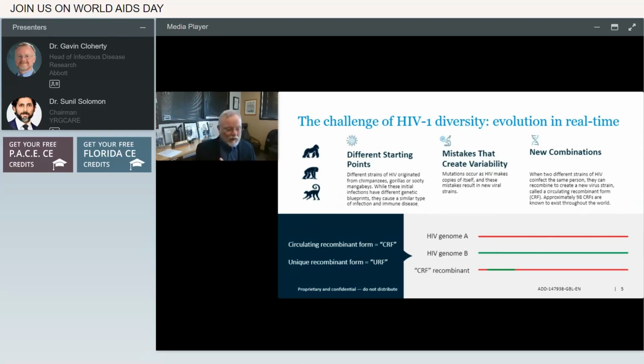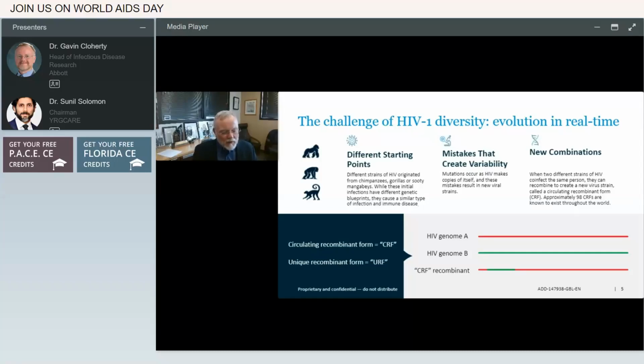The starting point of the different animal species where the virus can be introduced into humans is like a founder effect. But also when it's in the person, the evolution starts immediately in response to the immune system or therapeutics that may be administered or other factors. And this causes the virus to change over time.